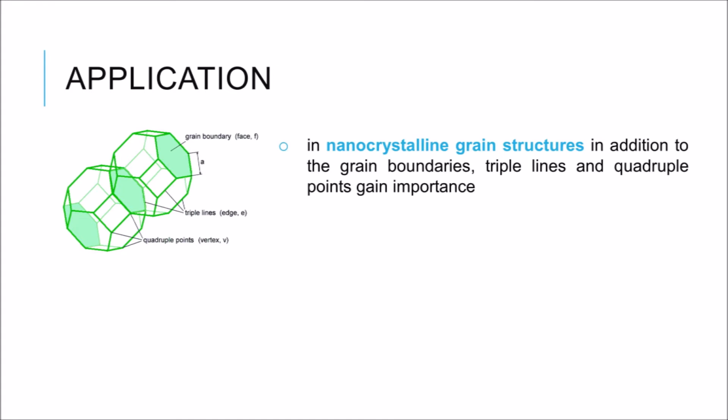But the relative volume of all your atoms that are associated with, say, bulk within grains gets smaller and smaller, whereas the volume percentages of atoms that are associated, for example, with triple lines or even with quadruple points, those percentages increase when you go down in size.